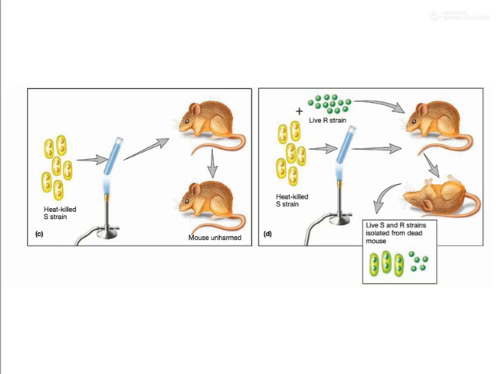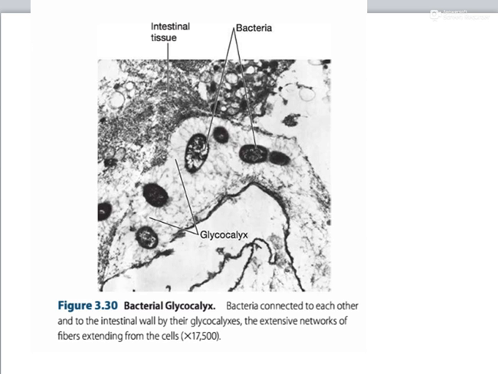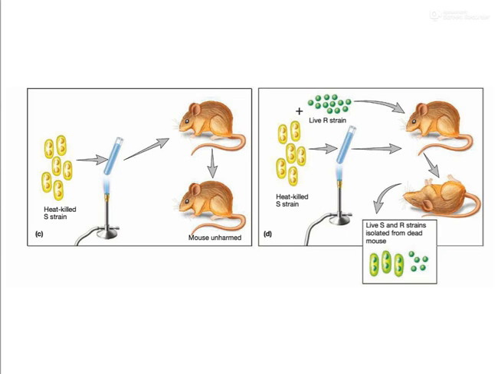So it indicated that something from the heat killed S strain was transferred to the live R strain, and that was responsible for the pathogenicity of the organism. I'm not going into the details of what was transferred in this class, but do note that the presence of the capsule is what was responsible for the pathogenicity of this bacterium, Streptococcus pneumoniae.